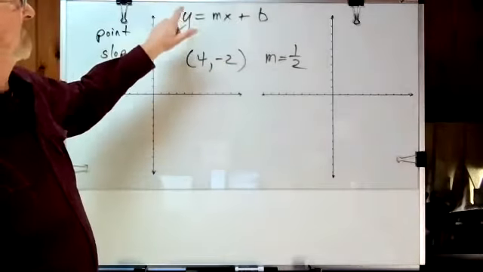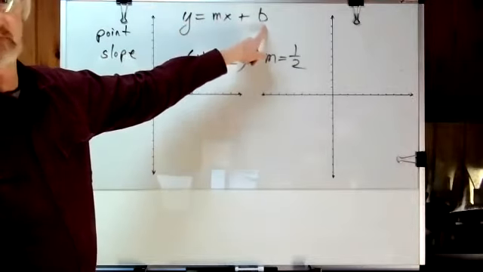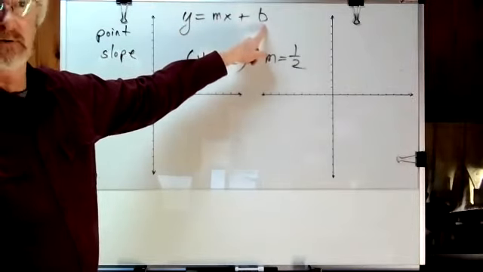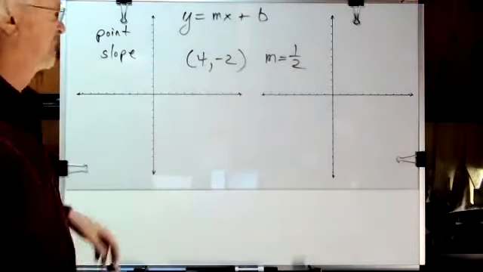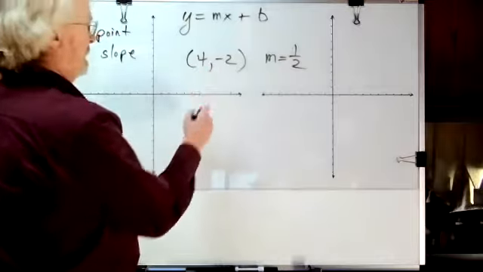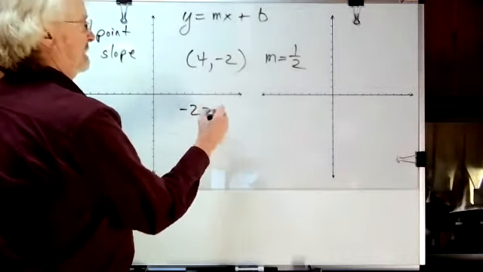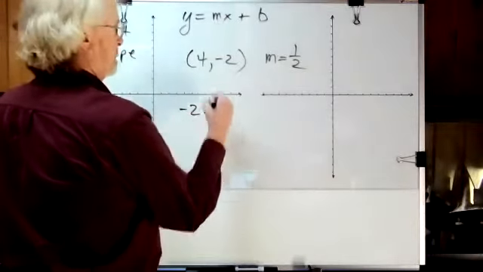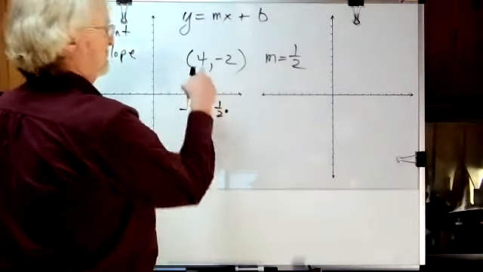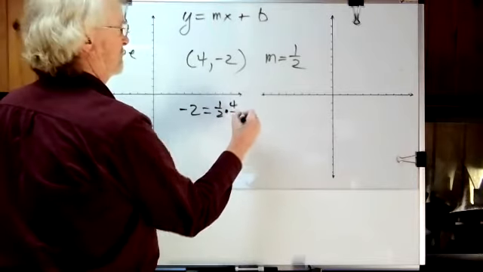I can plug in for these three letters and solve for the missing b. Then I will know the intercept. And I can then go back and write slope-intercept form. Here I would say, okay, if y is -2, I'm sure you don't mix them up. Slope 1/2 times a 4 plus b.